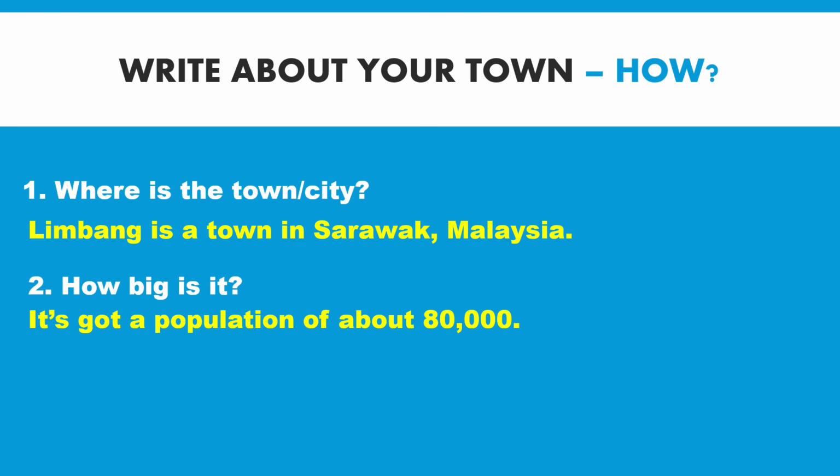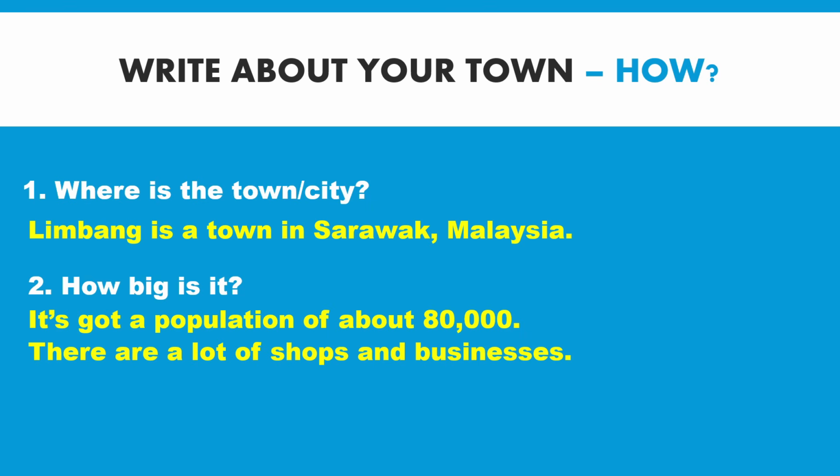At the same time, you can also describe the size of your town by development. What kind of development is there in Limbang? There are a lot of shops and businesses. I use this sentence to describe the massive development in Limbang, which are shops and businesses. So, these two answers later on, I'm going to put it in paragraph 1.